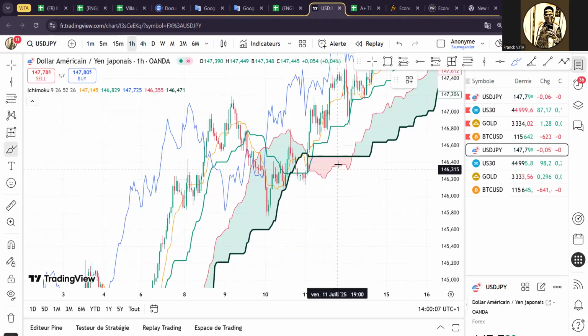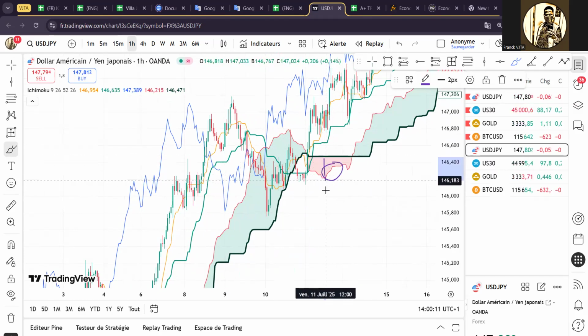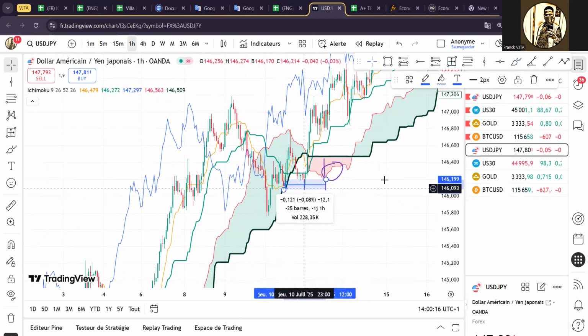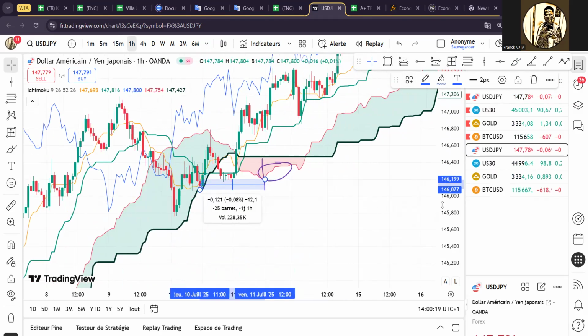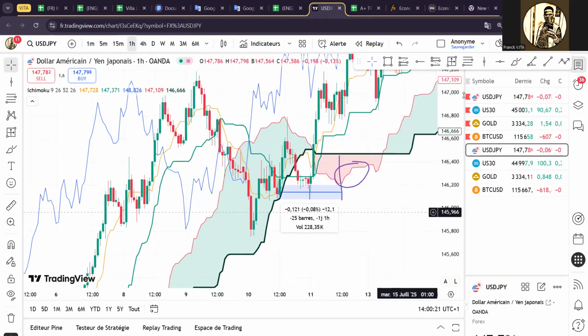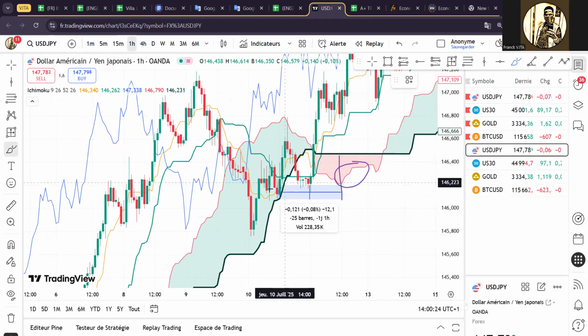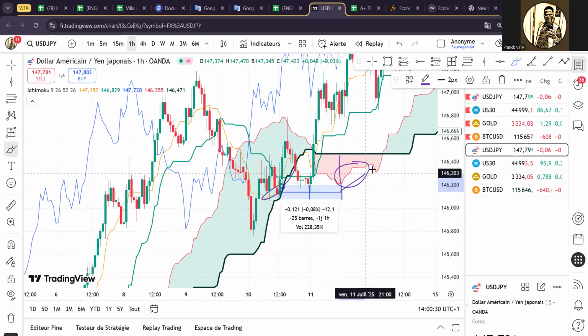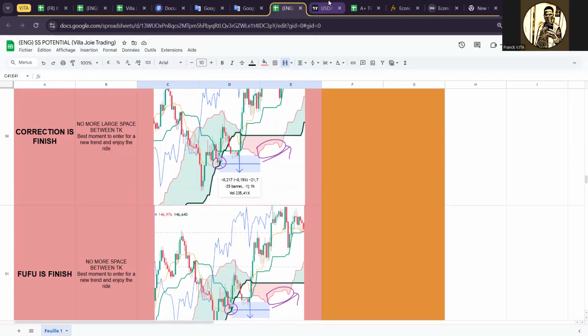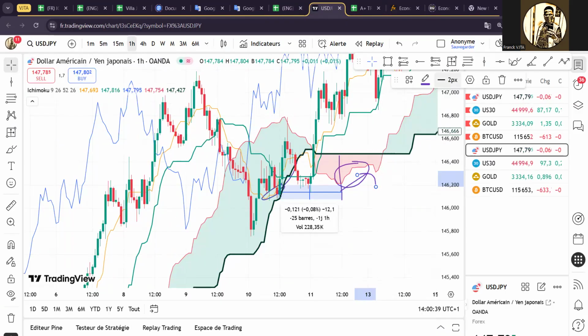The correction is finished on the fufu when the SSA starts to be inclined to the upside, and at the same time, it is this candle. It coincides, it is matching with SSA, with the tick cost correction starting also to play in, right? Then what we got is when fufu finishes at this level.